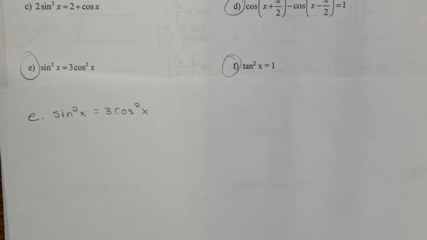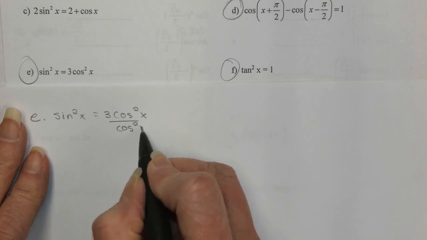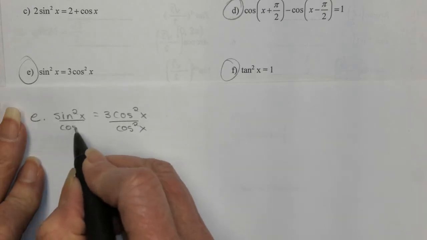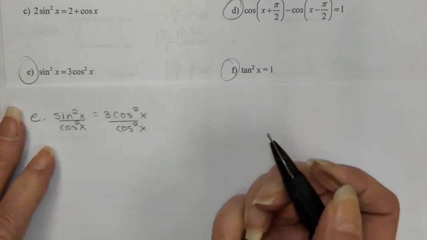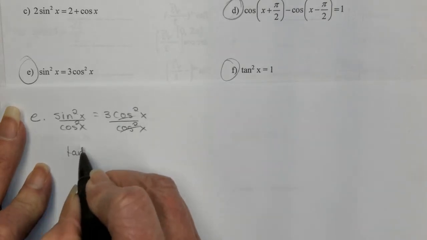We could go ahead and convert one of those using a Pythagorean identity. Or, I'm looking at this, and we could actually just change this into tangent by dividing each side by cosine squared x. And I think that it's going to turn out the same way no matter what we do. This might be just a little bit easier and a little bit faster.